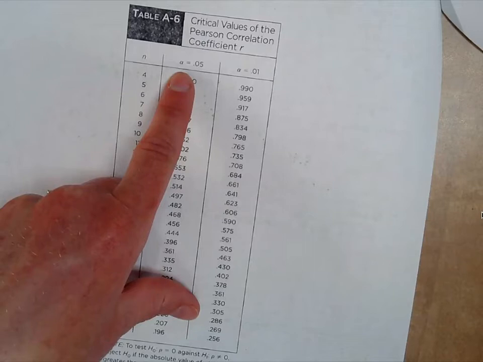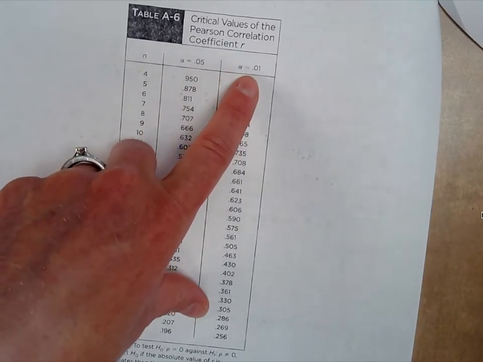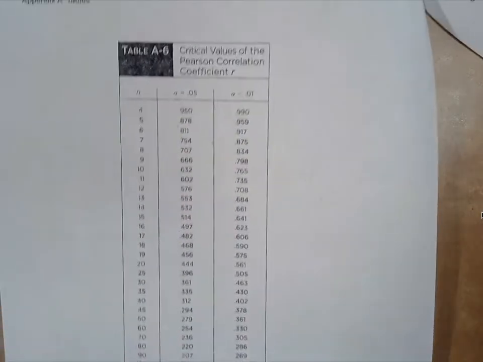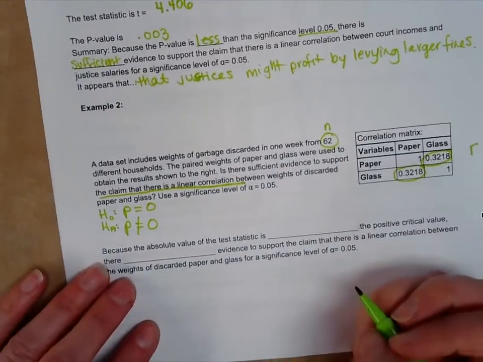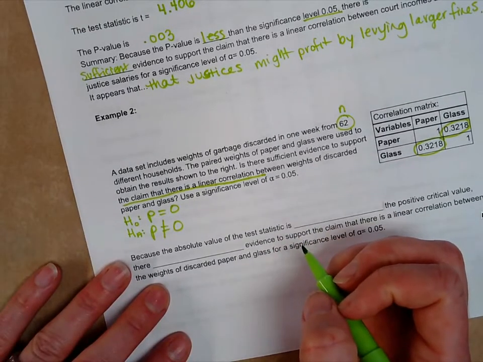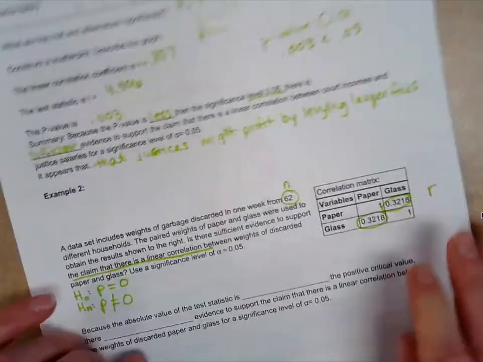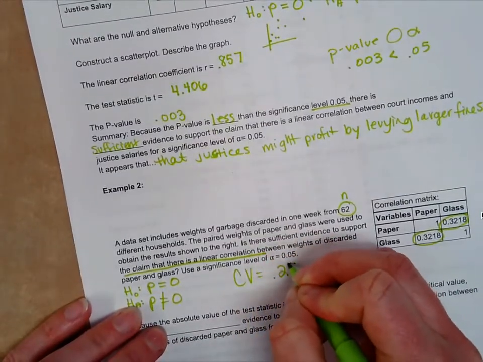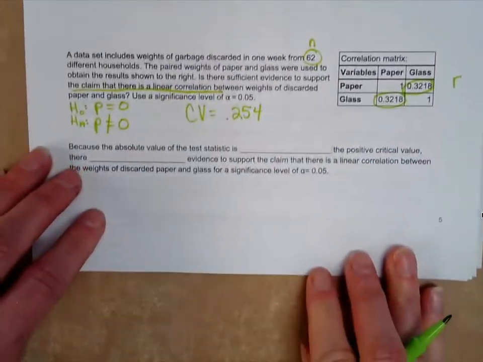This is the one that we'll usually use in all of our problems right now, we don't use 0.01. So we're going to use significance of 0.05. So 0.254 is our critical value, right? Isn't that what it gives us? 0.254. Okay.